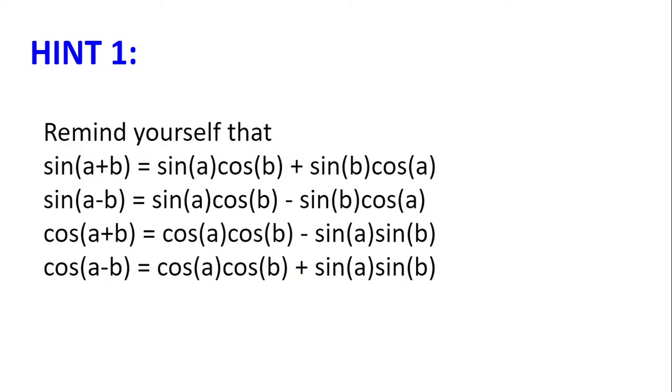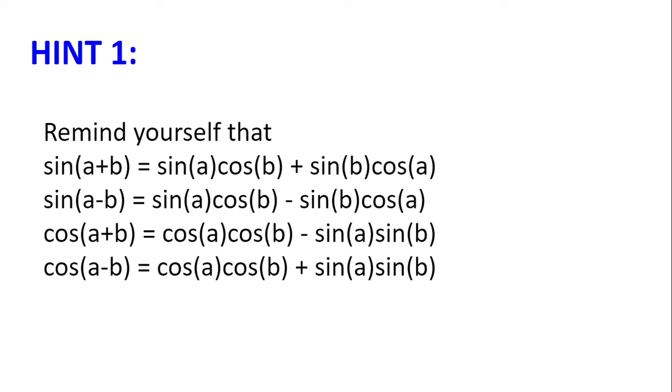Now we move on to the trigonometric way of solving the problem. So we're going to remind ourselves that sin alpha plus beta is sin alpha cos beta plus sin beta cos alpha. Sin alpha minus beta equals sin alpha cos beta minus sin beta cos alpha. I just realised that they're A's and B's, but never mind.